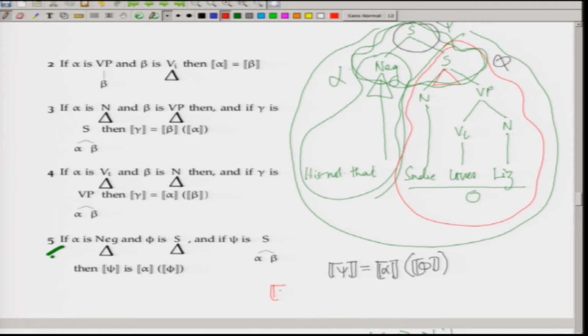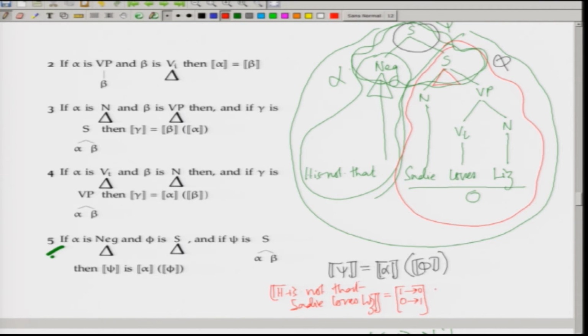Xi is, it is not the case that Sadie loves Liz, and then alpha, if we remember, is neg, which goes to "it is not the case that", and this is actually this function where 1 is taken to 0 and 0 is taken to 1.